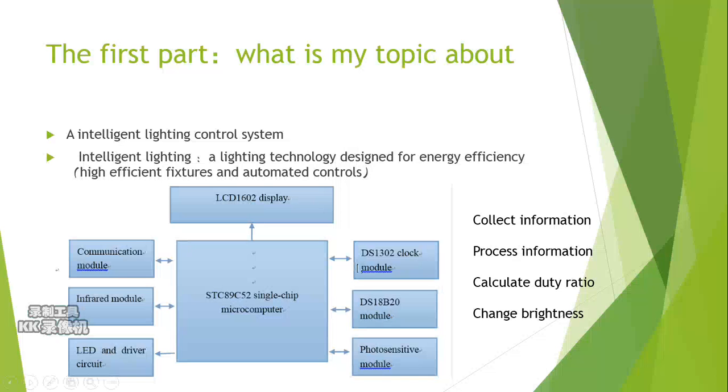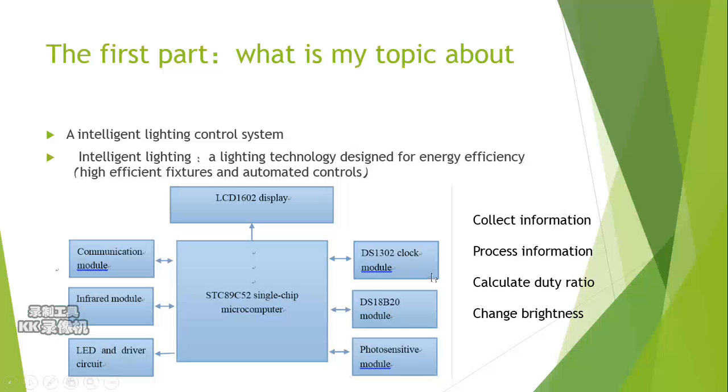And the whole system will do four jobs, which is collecting the information, processing the information, and calculate the duty ratio of PWM wave and changing the brightness of LED.